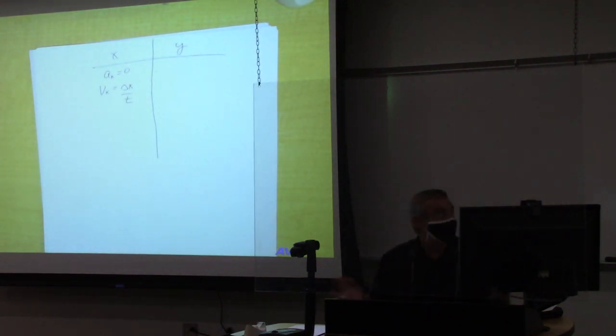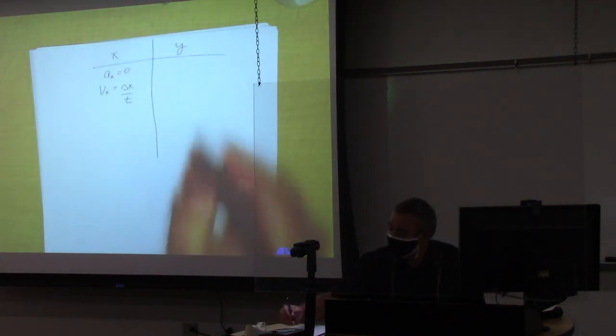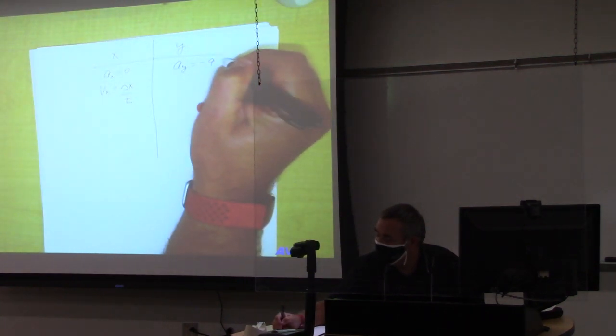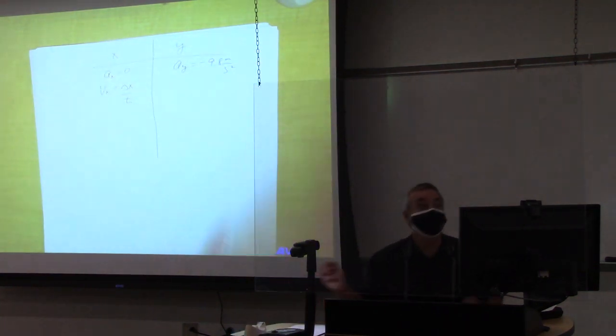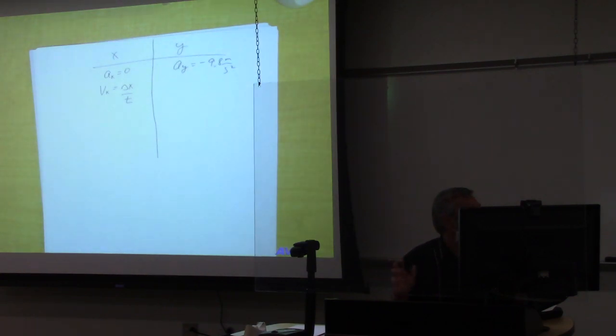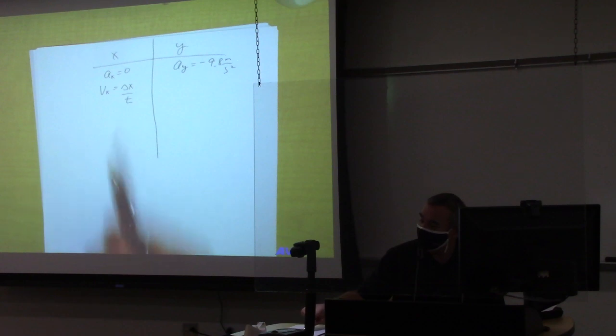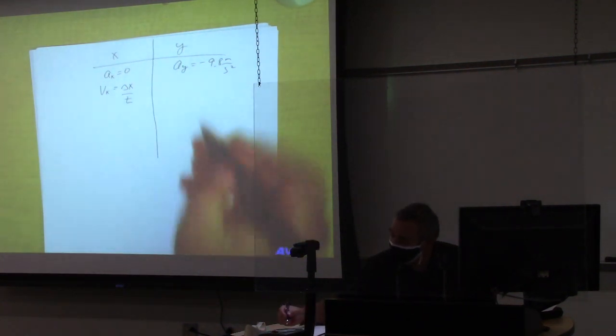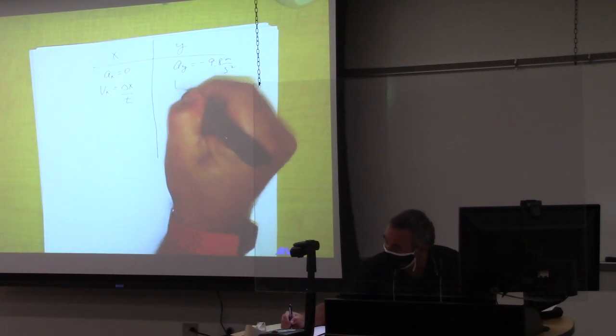That's it. In the y direction, we have acceleration in the y of negative 9.8. So although these projectiles are moving in 2 dimensions, you can analyze the x motion and the y motion independently from each other. And in the y direction, you have all the kinematics equations to work with.